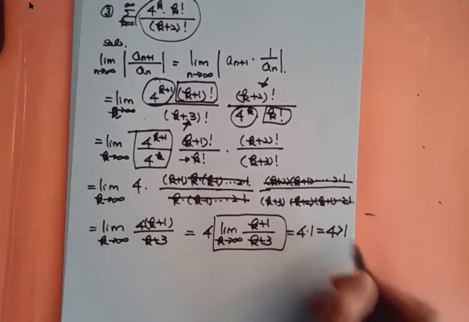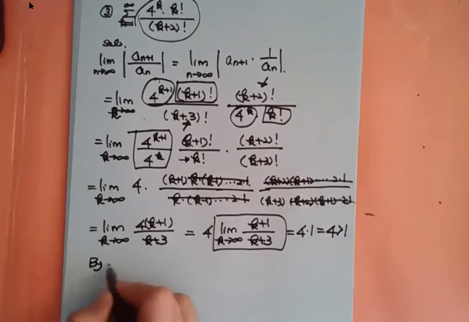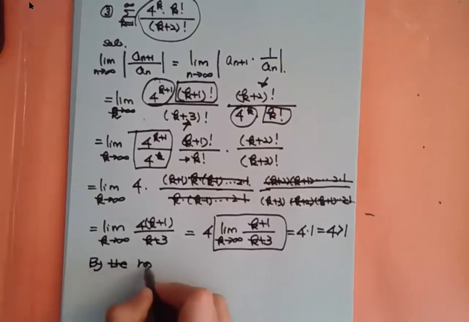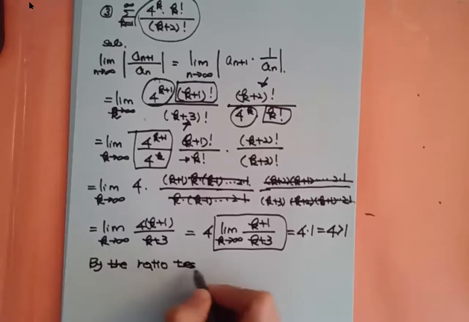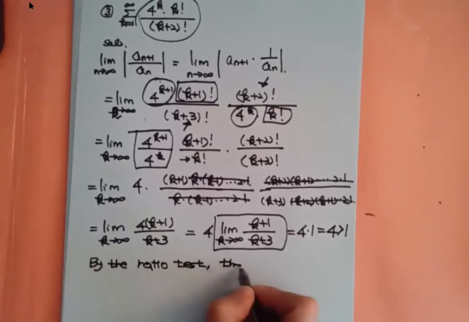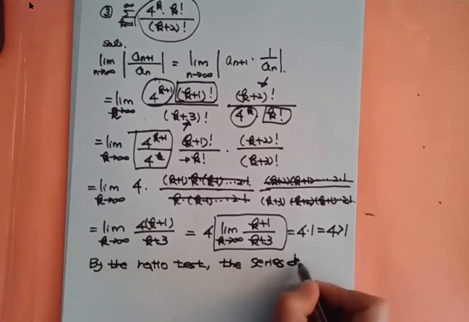That is greater than 1. So by the ratio test, the series diverges.